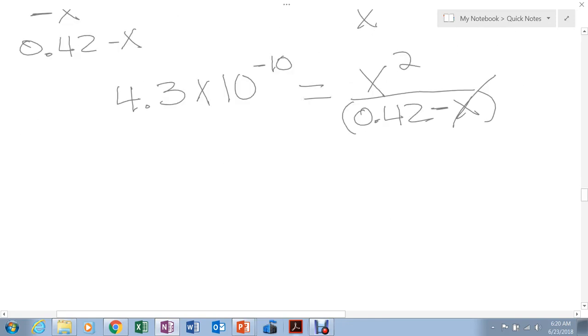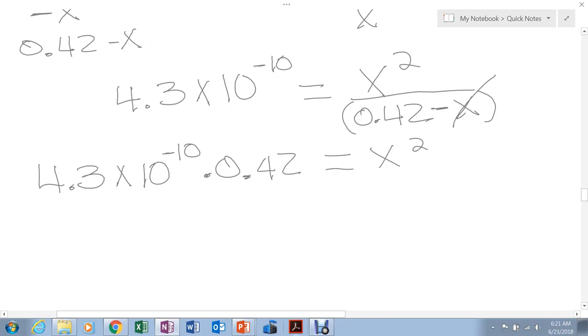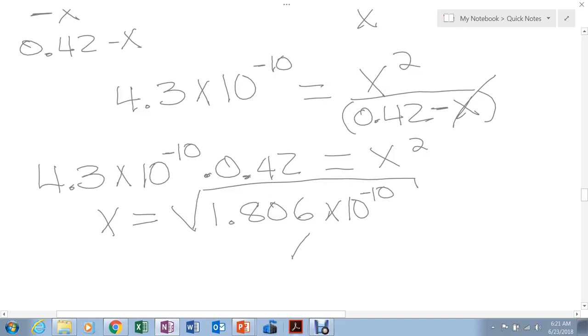So this is going to be 4.3 times 10 to the negative 10 multiplied by 0.42 equals x squared. So x is going to be the square root of this, 1.806 times 10 to the negative 10, and x is equal to 1.34 times 10 to the negative 5.